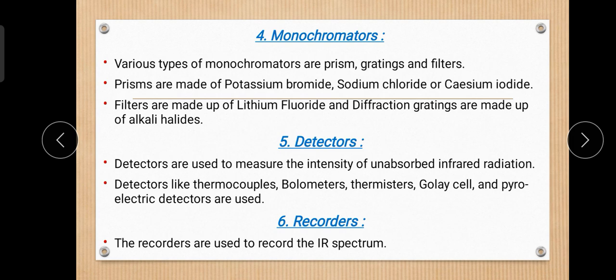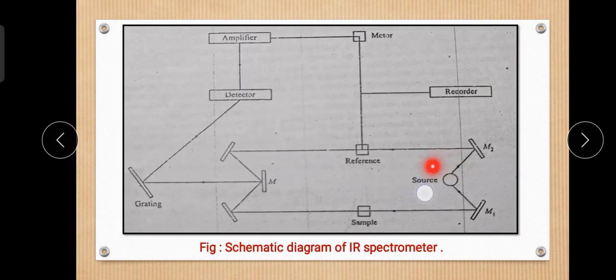That means as shown in the figure, here we have the IR radiation source, it emits the IR radiation. Here we have the mirrors M1 and M2, so that the mirrors M1 and M2 divide this IR radiation into two beams, one passing through the reference and the second passing through the sample, and these two beams are focused on the movable mirror M or chopper.